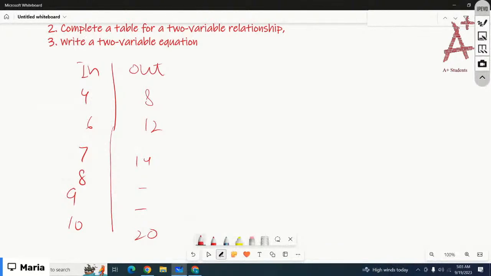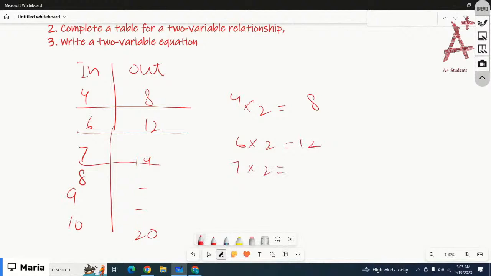First of all, you have to understand the relationship between the input output values from the rows that are already completed, right? So 4 and 8, 6 and 12, 7 and 14. That means you have to multiply the input value. 4 times 2 makes 8, 6 times 2 makes 12, 7 times 2 makes 14.